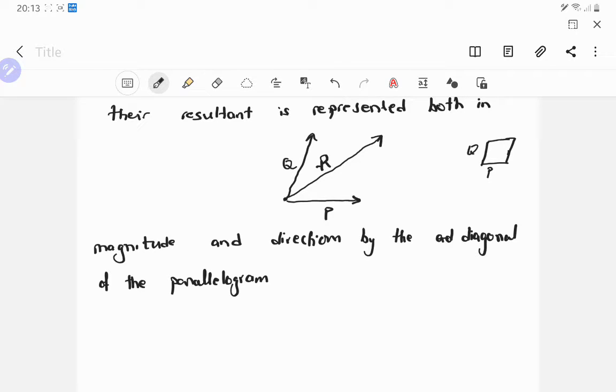Now we have to find out the value of R, the resultant.